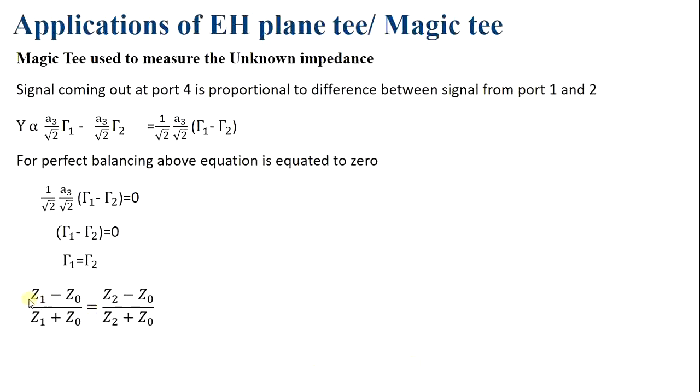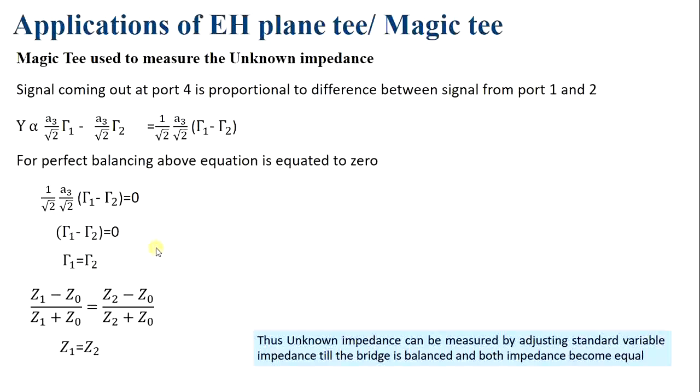So we can write it as (Z1 minus Z0) divided by (Z1 plus Z0), which is equal to (Z2 minus Z0) upon (Z2 plus Z0). This Z1 is the impedance of port 1, Z0 is the impedance which is unknown, and Z2 is the impedance of port 2. So from here we can say Z1 is equal to Z2.